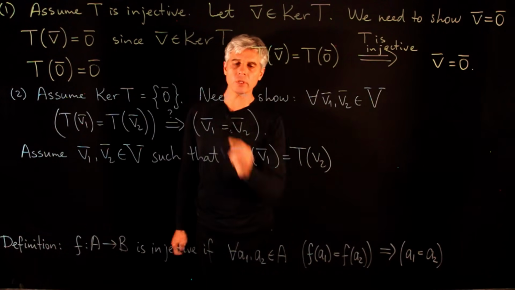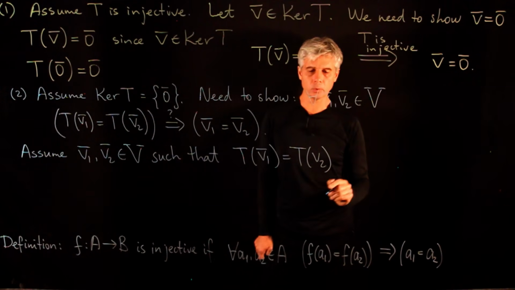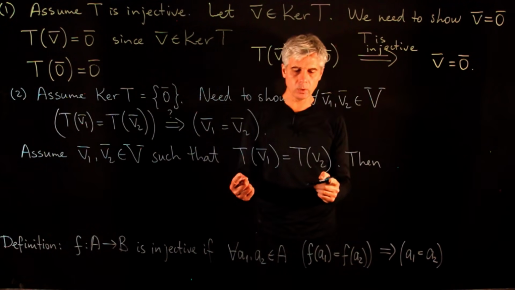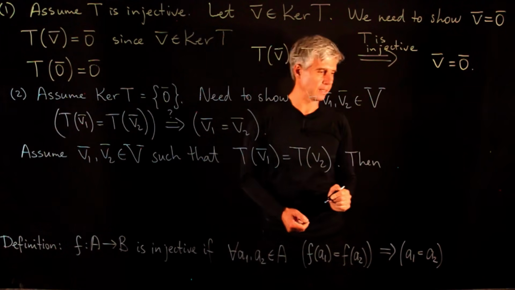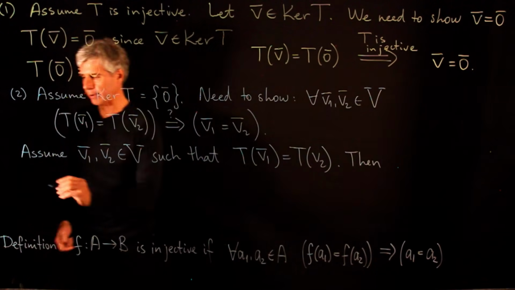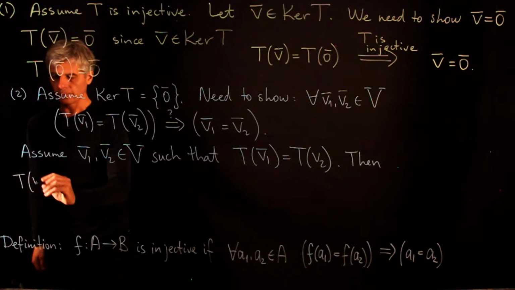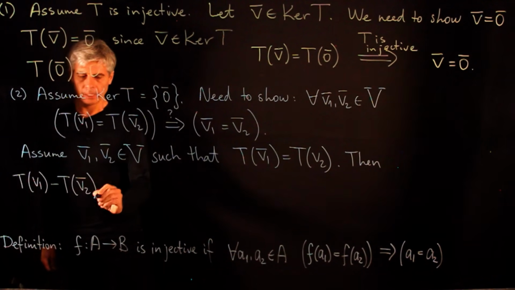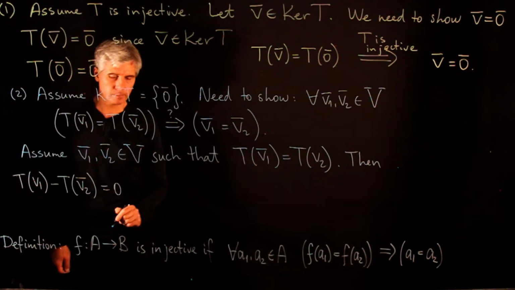So we need to show that V1 is equal to V2. So how do we do this? We take this equality and move everything to one side. Then we have T of V1 minus T of V2 is equal to 0.